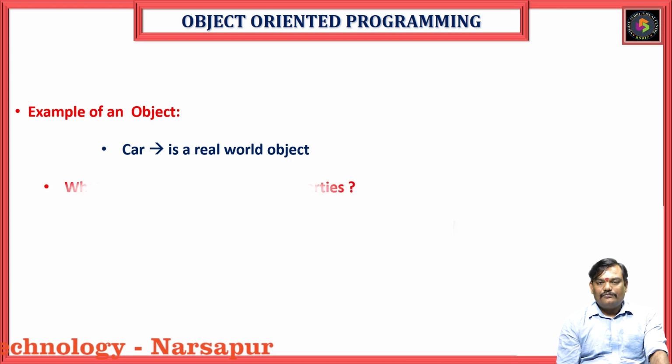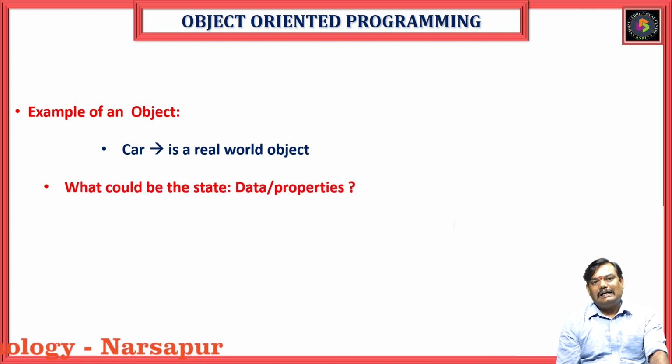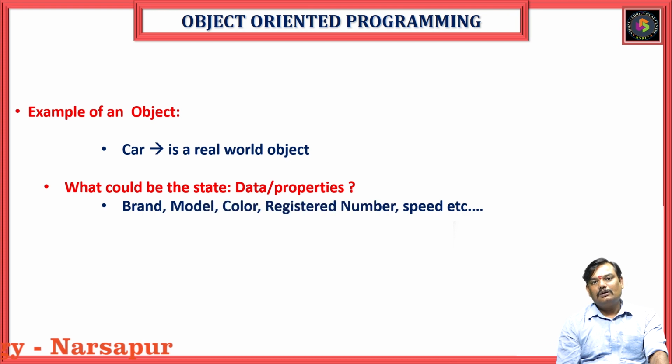What could be the state of this car object? A car object consists of a brand, a model, a color, a registered number, the speed of the car, etc. All these are the state of a car object.